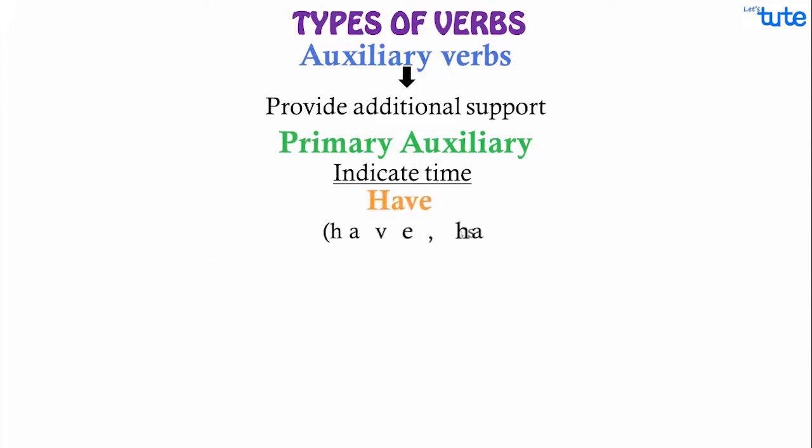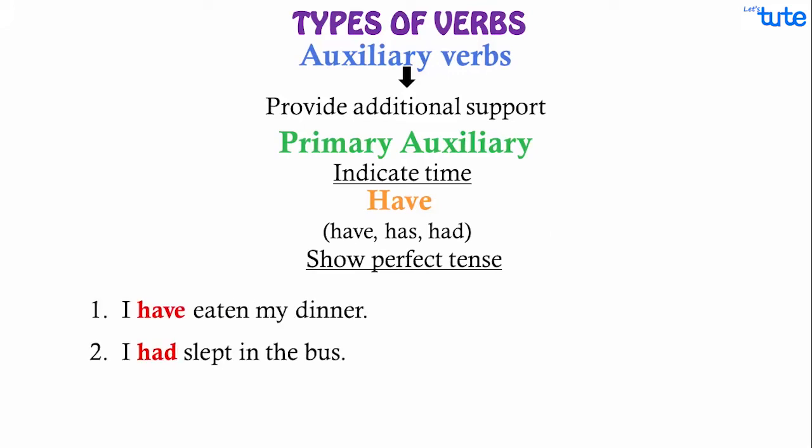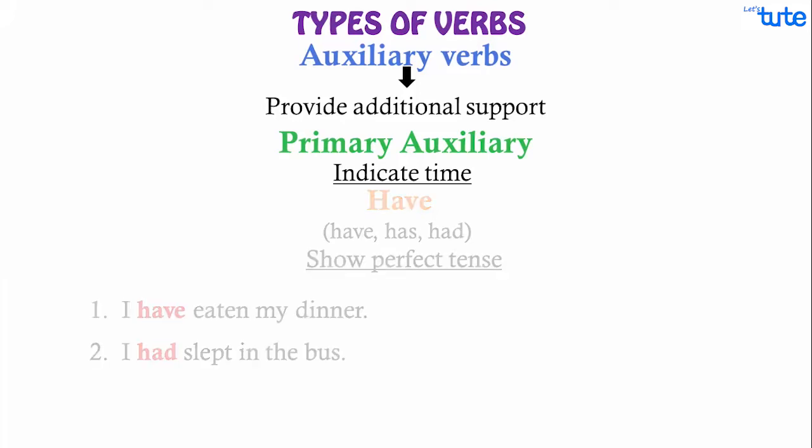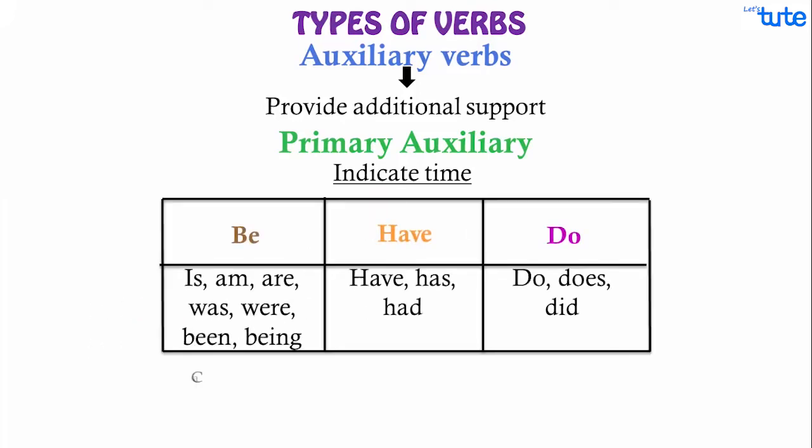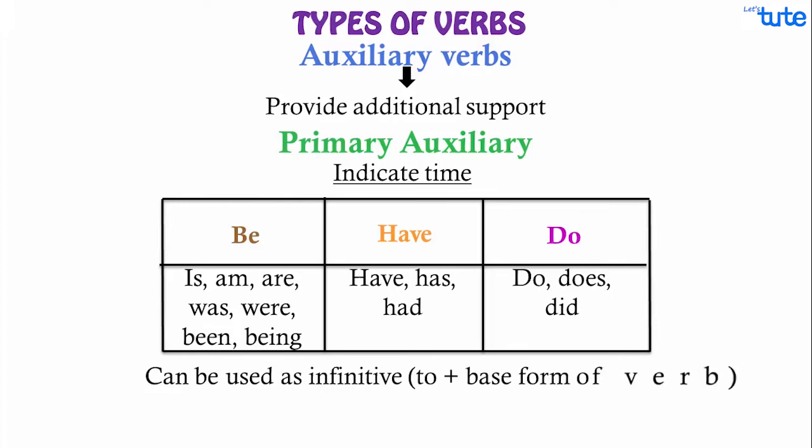Have and its forms are used to show perfect tense, that is, the action is already completed. Primary auxiliaries can be used as infinitives, that is, to be, to do, and to have. Primary auxiliary verbs have many more characteristics. We shall cover it in detail in our upcoming sessions.